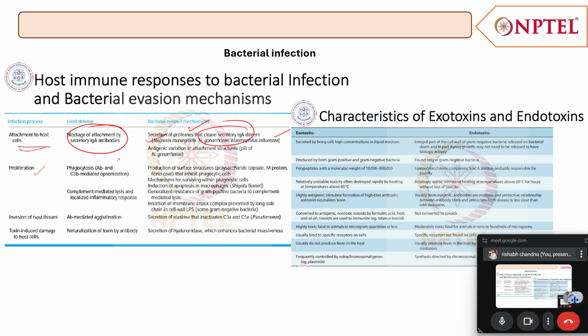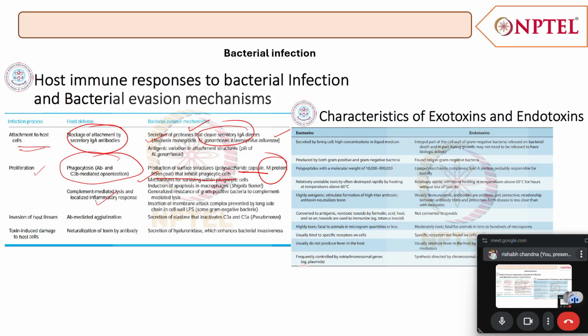Then proliferation. The host defense includes phagocytosis using antibody and C3b mediated opsonization, or complement mediated lysis, and a localized inflammatory response. These are overcome using production of surface structures like polysaccharide capsule, M protein, and fibrin coat that inhibit phagocytic cells, and mechanisms for surviving within the phagocytic cells.